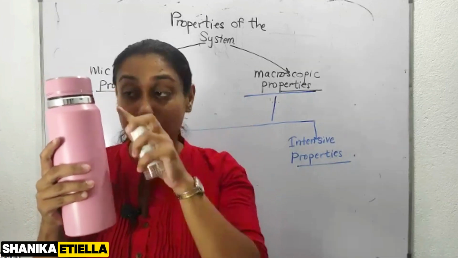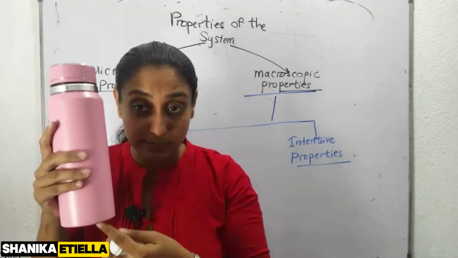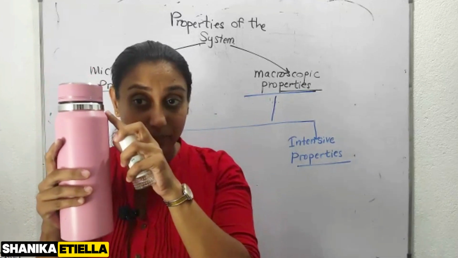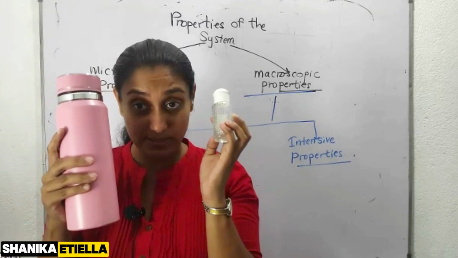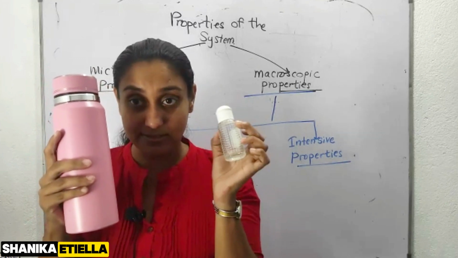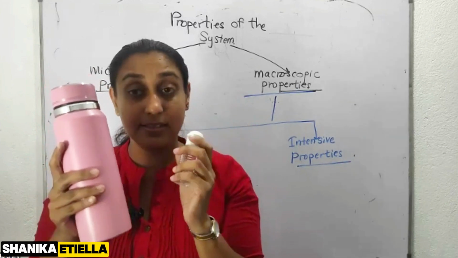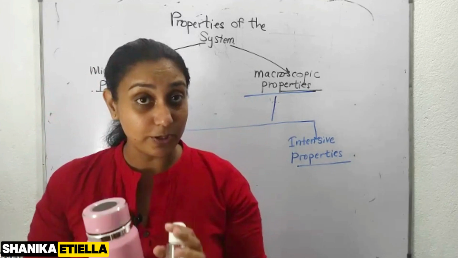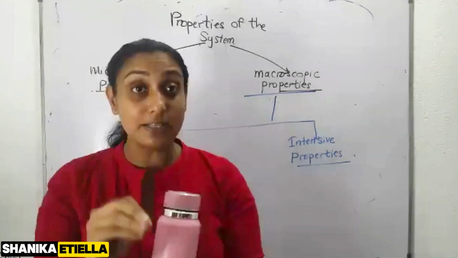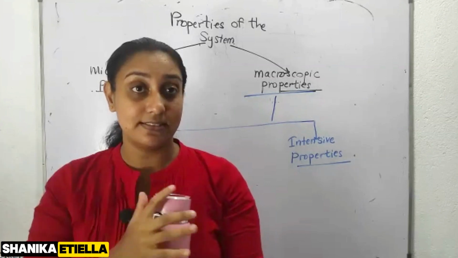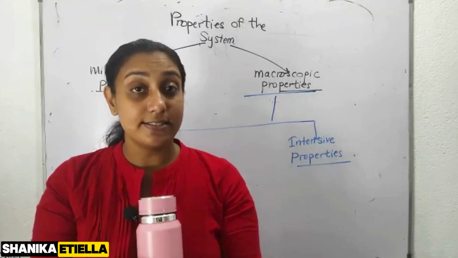The pressure above the system, not below, it's above the system, is equal to the pressure above the system in here. Likewise, the macroscopic properties independent of the size of the system are called intensive properties.